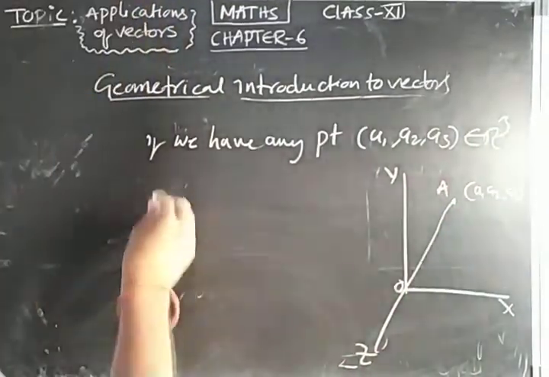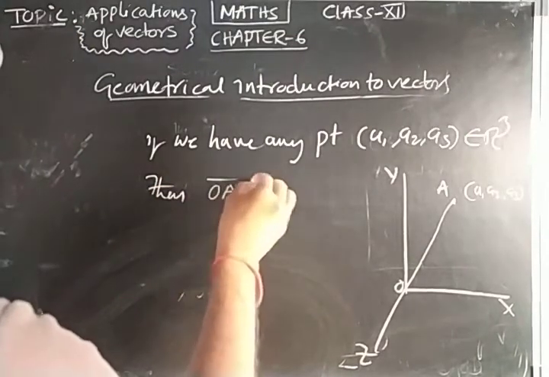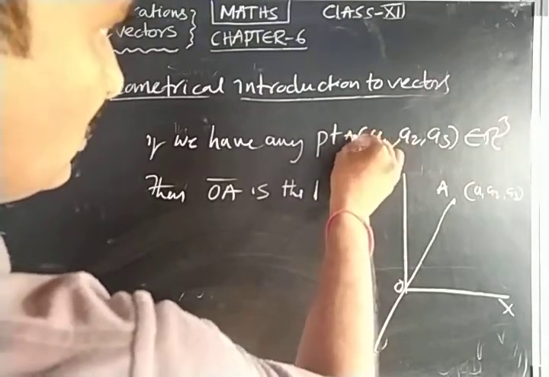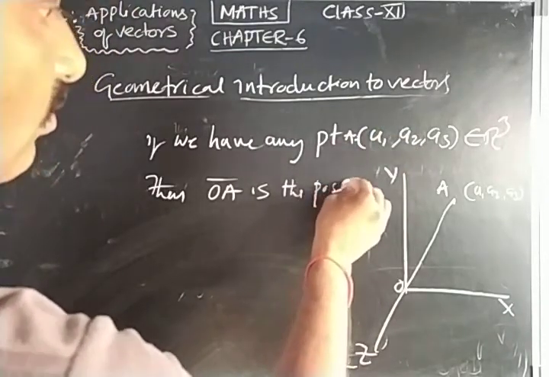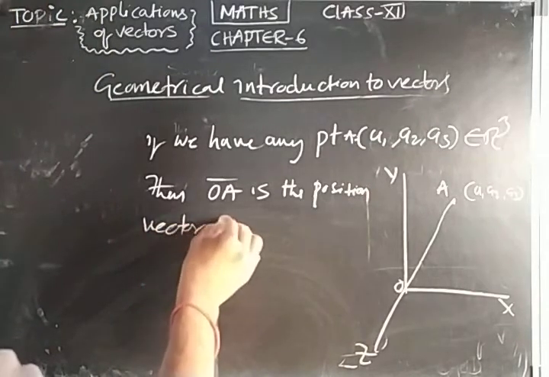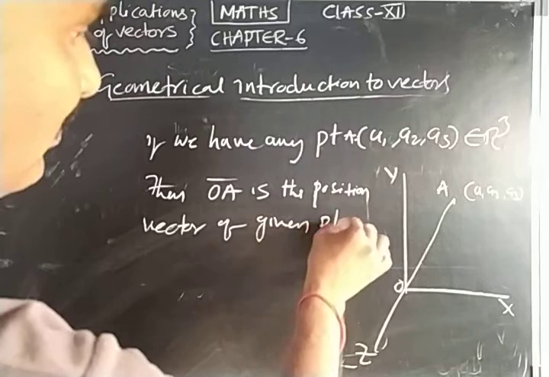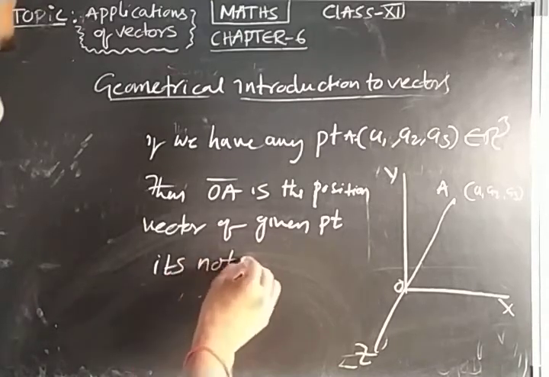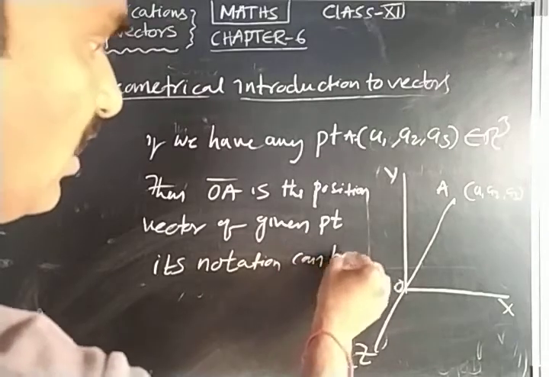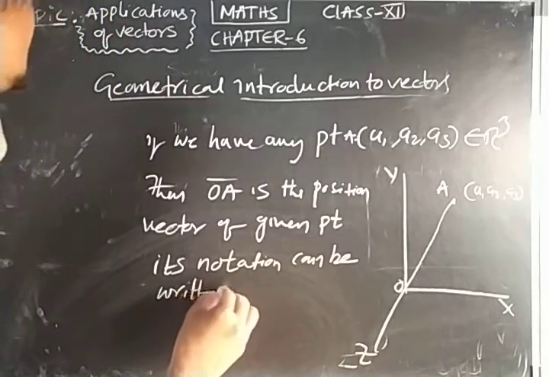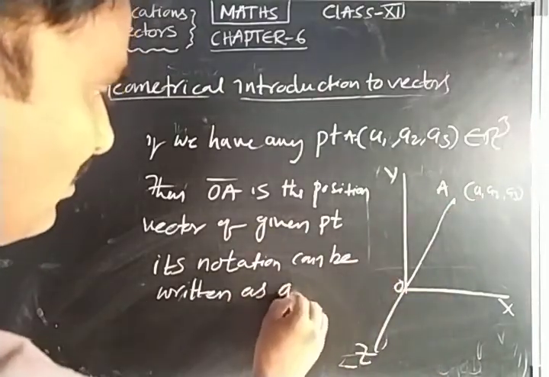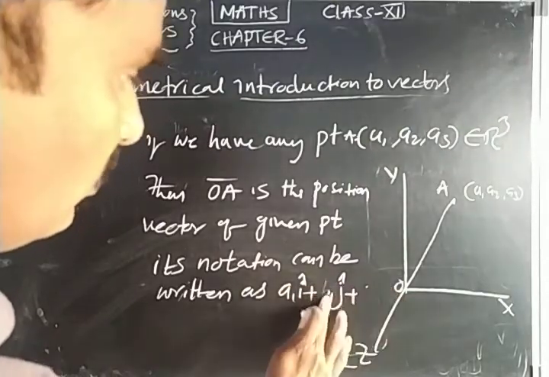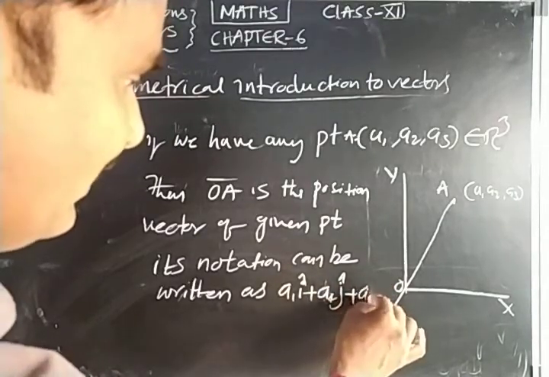So OA is the position vector of the given point, and its notation can be written as a1 I cap plus a2 j cap plus a3 k cap.